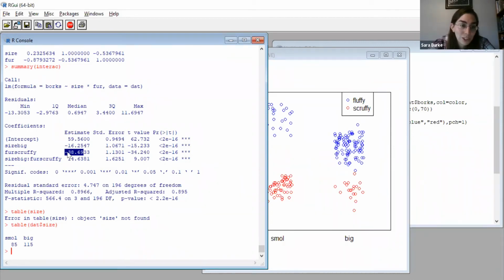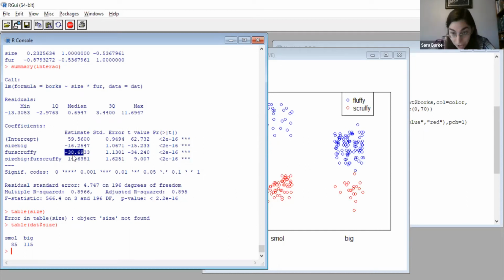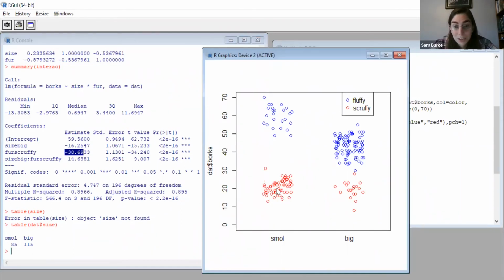So this is like saying small scruffy dogs bark 39 times less than small fluffy dogs. Okay. And if I'm looking over at this picture, that is this difference, right? This negative 39 is if we were in the middle of this blue cluster here, and we were asking how far down do we have to go to get to the middle of this red cluster here.